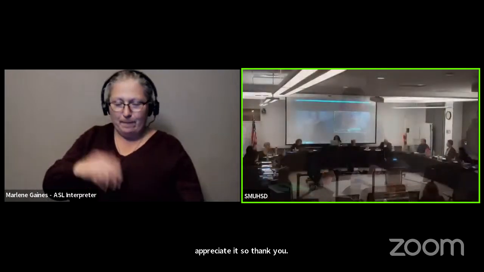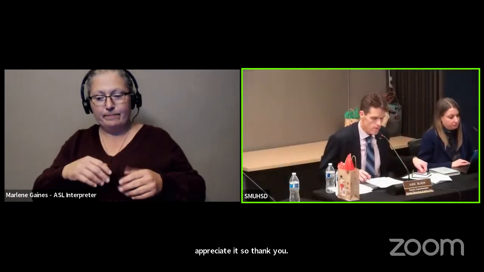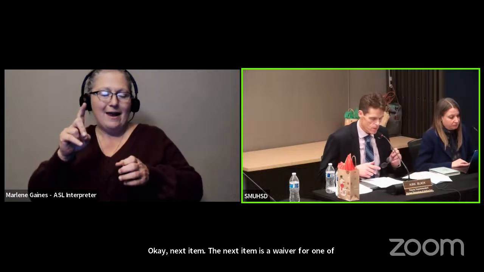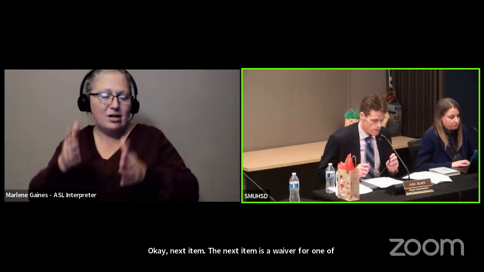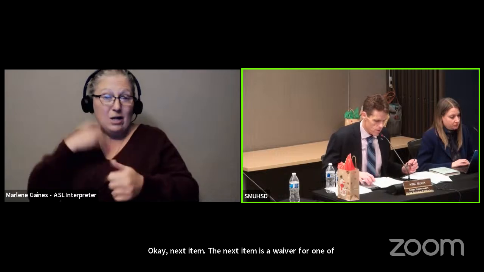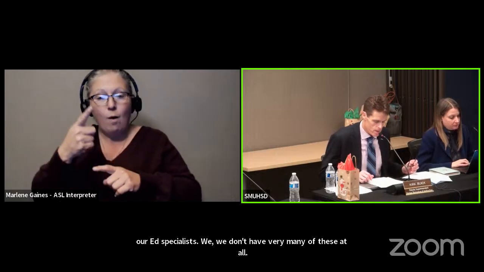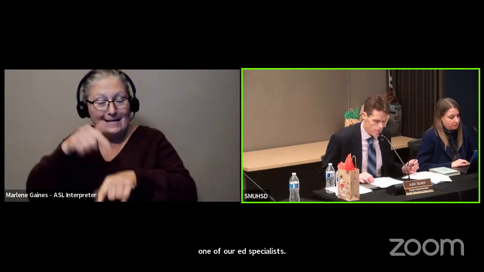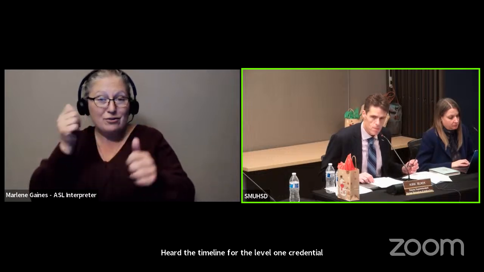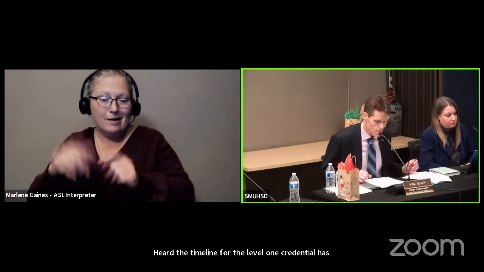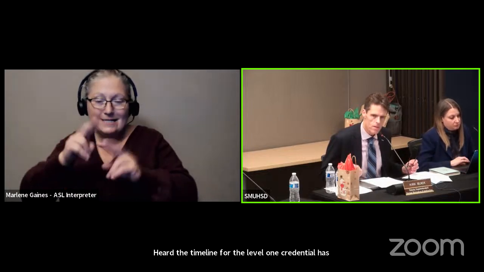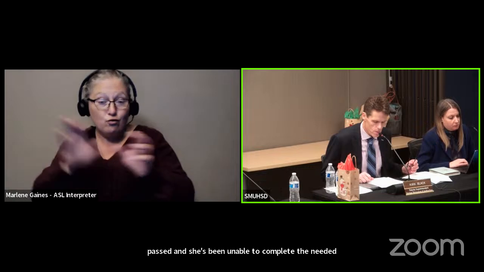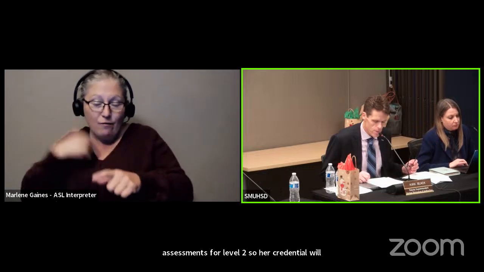Okay, next item. The next item is a waiver for one of our ed specialists. We don't have very many of these at all. It's the first one that I remember in a long time. The timeline for her level 1 credential has passed, and she's been unable to complete the needed assessments for level 2. So her credential will expire unless we provide this waiver.